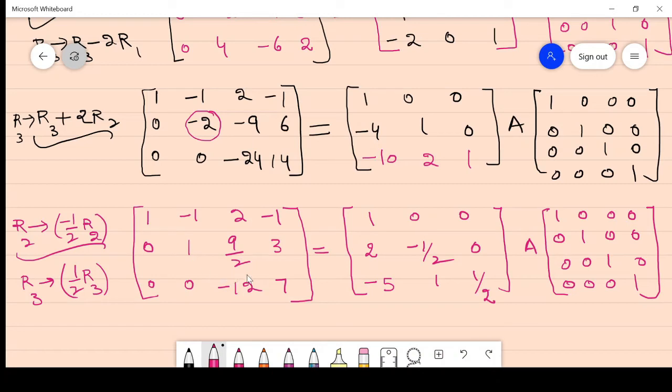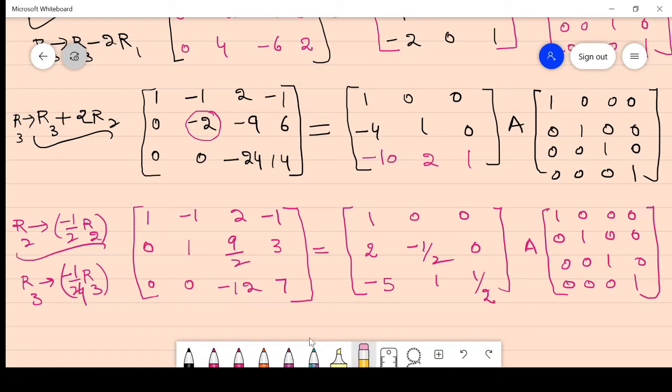Now it should be 1. So this term will be 1 if we divide it by minus 1 by 12. So we simply operate here, it is minus 1 by 24. So just we operate in this way, minus 1 by 24.